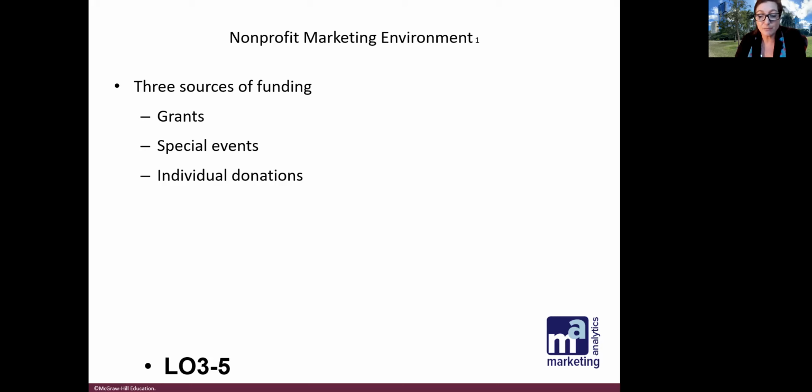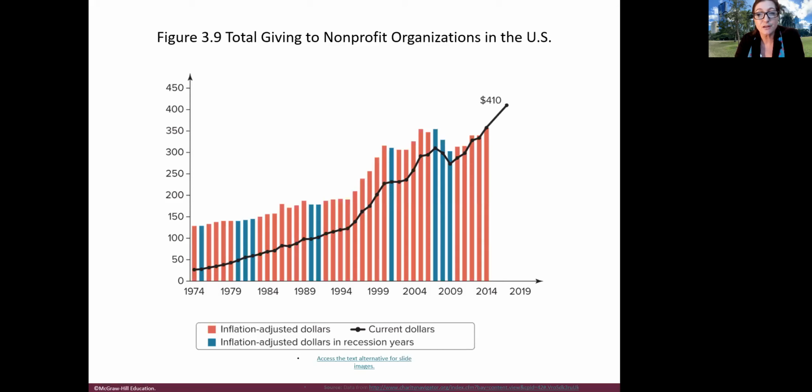So non-profits might source some funding from grant money, whether that's from private philanthropists or government funding. They might source funding from hosting special events or individual donations.